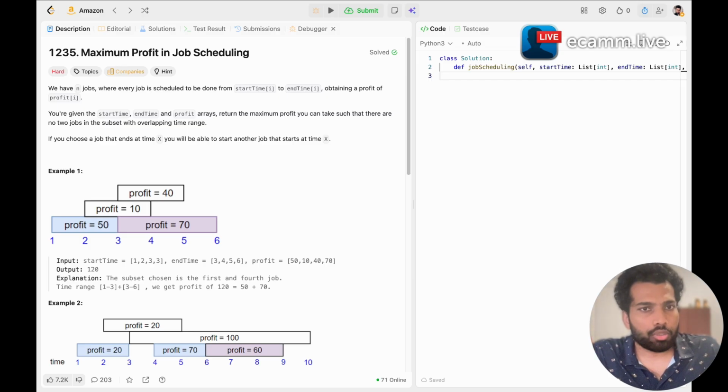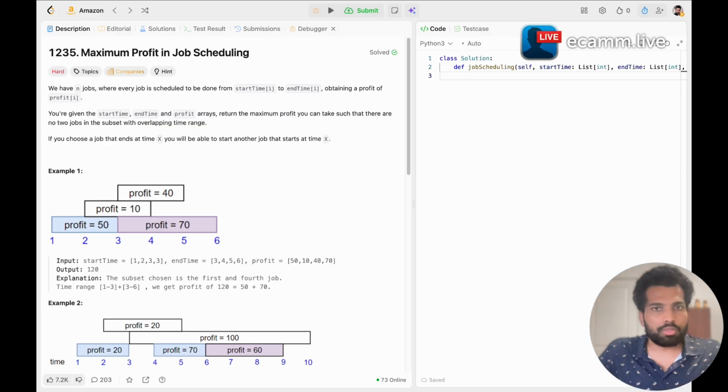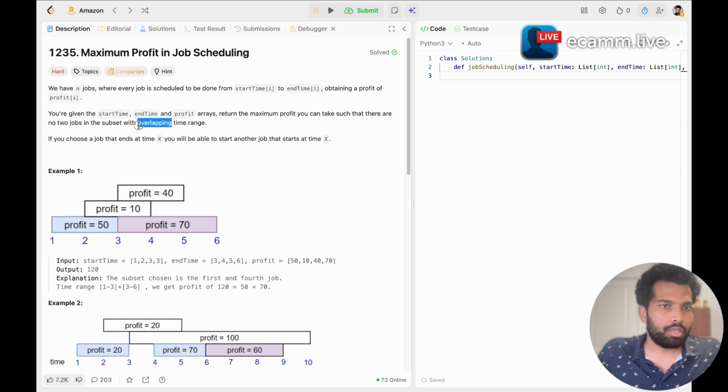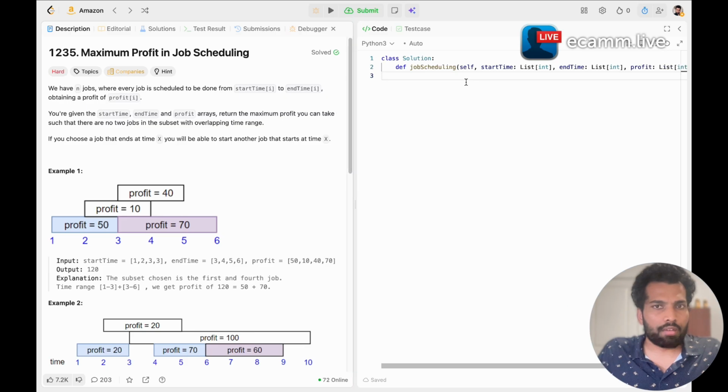I think our job is to return the maximum profit we can make out of scheduling these jobs. And there is a key detail here, that there shouldn't be any two jobs in the subset with overlapping time range.